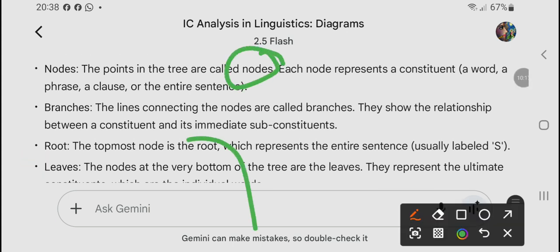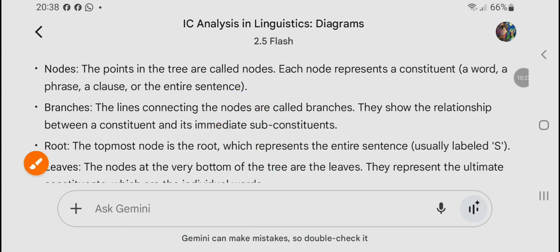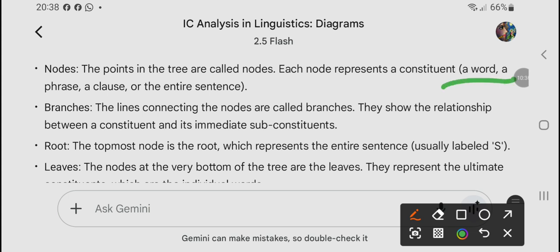So we have seen that the points in the tree are called nodes. Now each node represents a constituent, a word or phrase, a clause or an entire sentence. So a node can represent anything. Then branches.